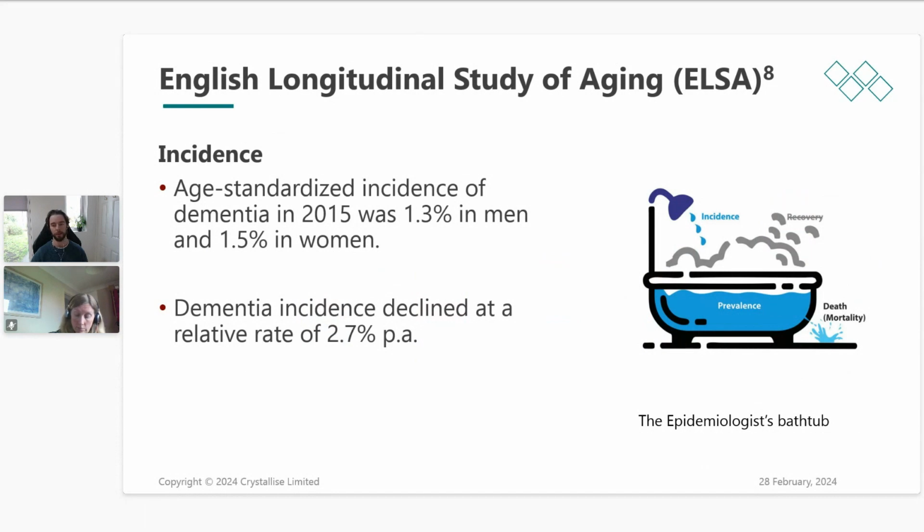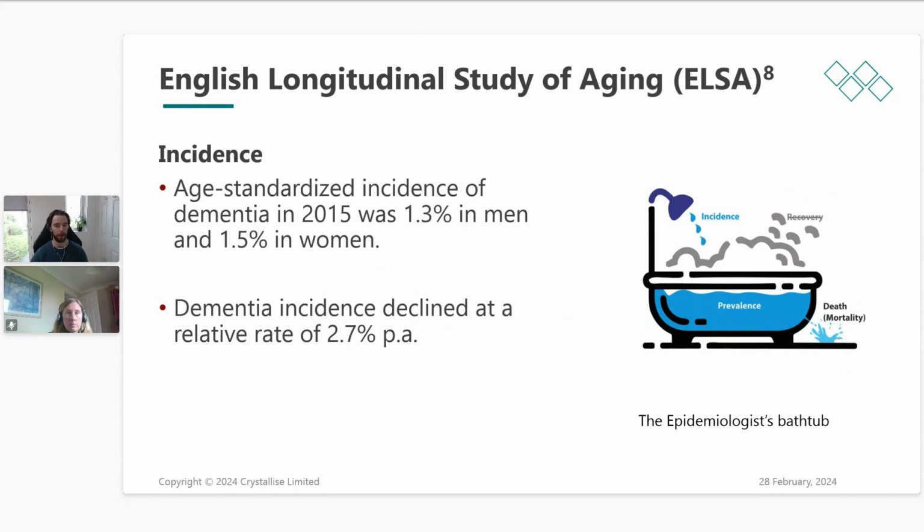What people are diagnosed with over time is recorded, deaths are recorded, and so on and so forth. And we're able to get a more true representation of population incidence and prevalence associated with dementia.